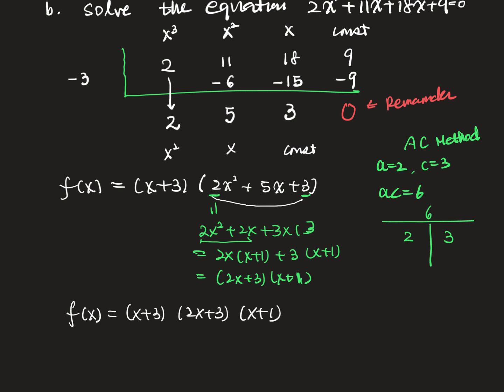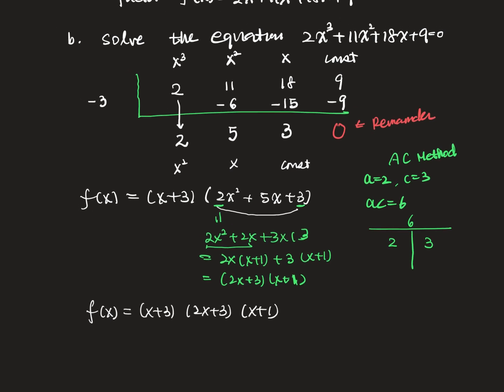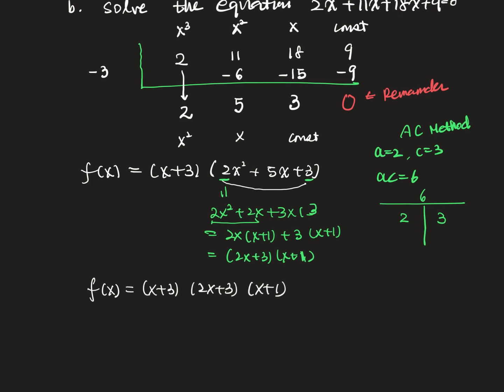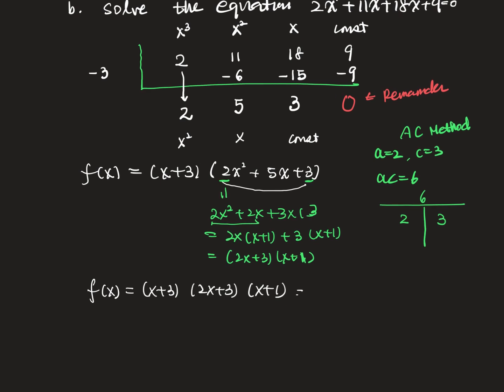You factor it. Now, the second question is to find the solution of the equation. Equation means one side is 0, right? So we're going to solve it. This is a product equal to 0, which means this should be 0, this should be 0, this should be 0. So first, x plus 3 equals 0, 2x plus 3 equals 0, x plus 1 equals 0.